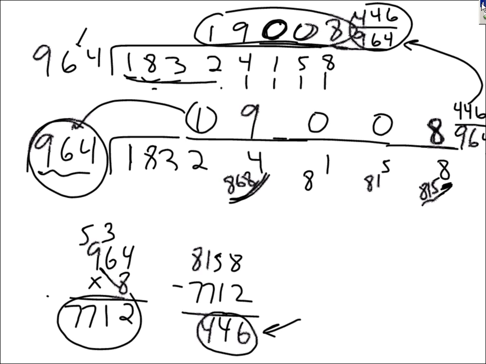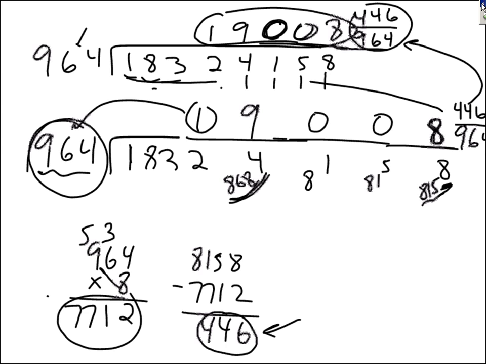19,008 and 446 over 964. I mentioned in the first section that when you have a decimal, you can replace the decimal with the word and. It's the only time you say and. Well, there's another time you say and.